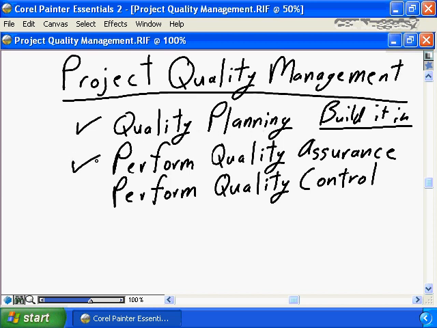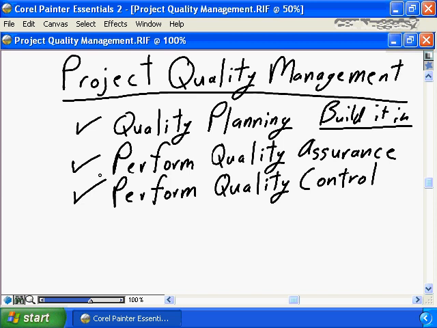Then you need to perform the quality assurance, making sure you're doing the right things, and performing the quality control, making sure the final deliverables are appropriate for the project. And part of any good quality control program for a project is the continuous improvement process, where you're reviewing through the quality assurance process the quality processes themselves and making any improvements along the way.